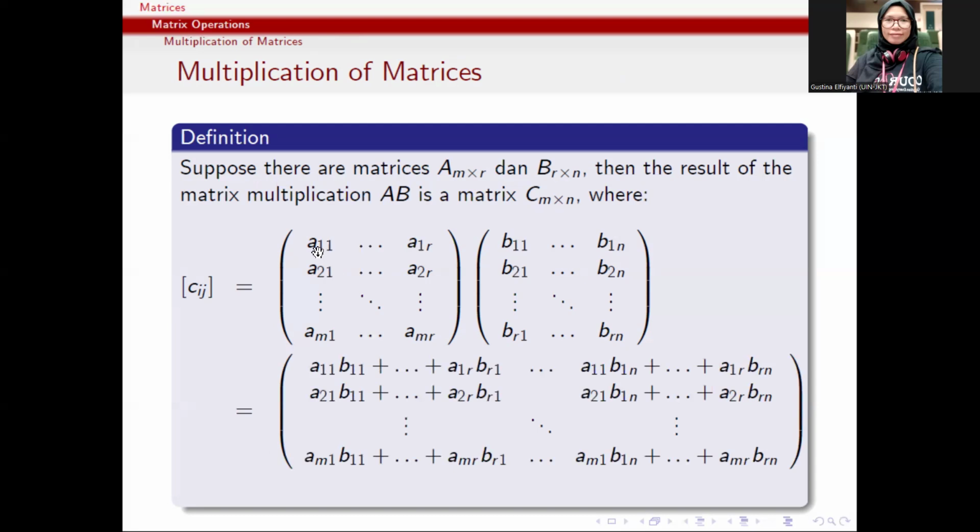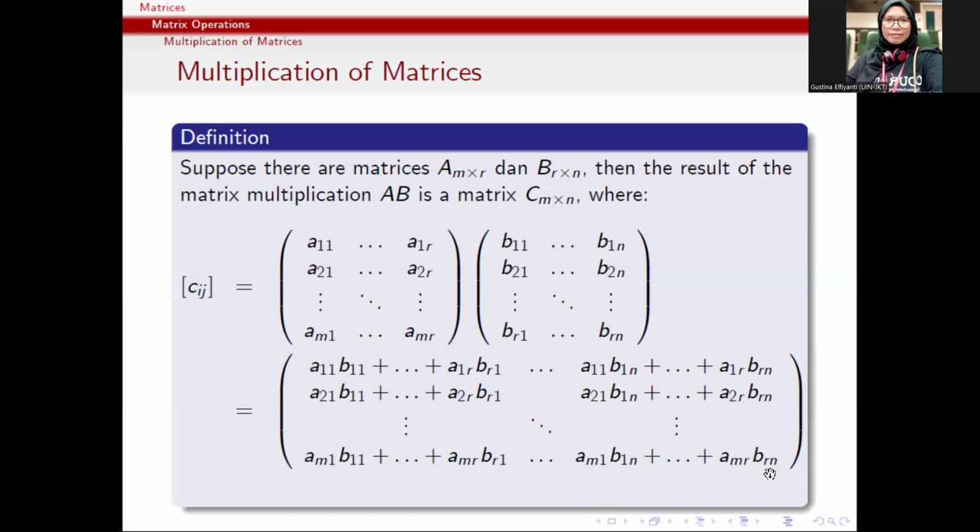So we multiply each row with the column. For the first entry of C, we get A11 times B11, plus A12 times B21, and so on, plus A1n times Bn1.